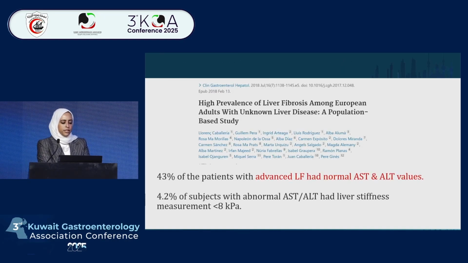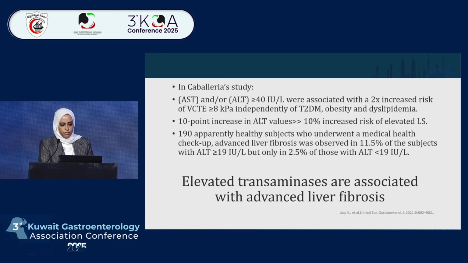And in this study, 43% of patients with advanced liver fibrosis had normal AST and ALT values. 4.2% of the subjects with abnormal AST and ALT had liver stiffness measurements of less than 8 kilopascals, so they're considered normal with no fibrosis. So this study just shows that in the setting where you do have elevated liver enzymes, you do have a chance of high fibrosis. And in fact, a 10-point increase in ALT values has a 10% increased risk of elevated liver stiffness.